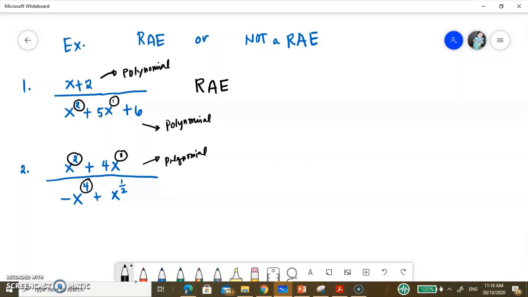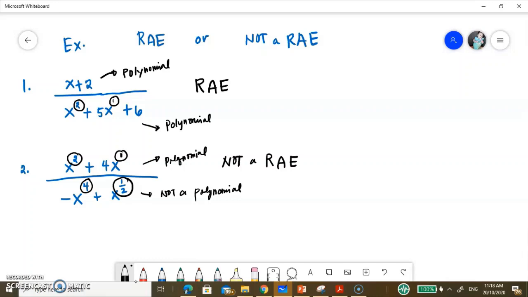But if you check the denominator, although the first term passes because the exponent is a whole number, which is 4, the second term has a variable with an exponent that is a fraction. Therefore, this is not a polynomial. Since the denominator is not a polynomial, therefore, this whole algebraic expression is not a rational algebraic expression.